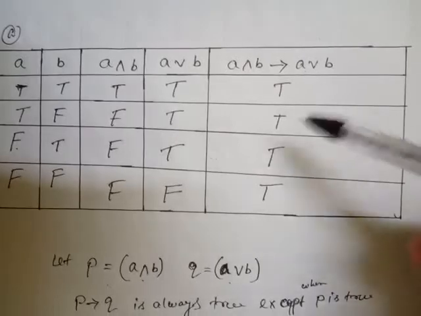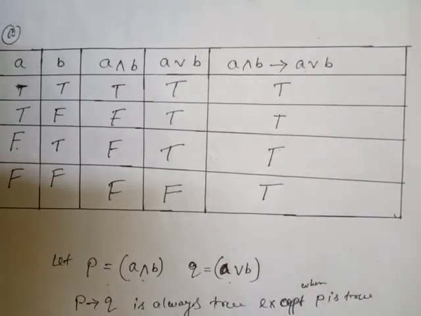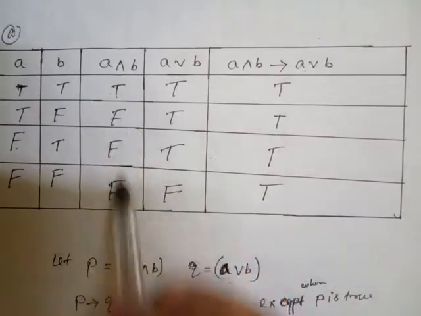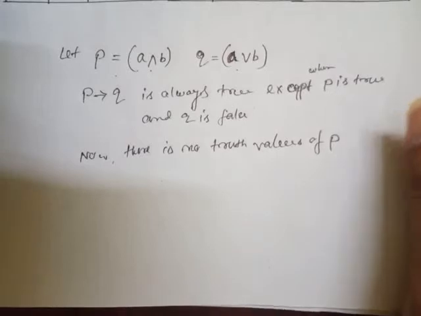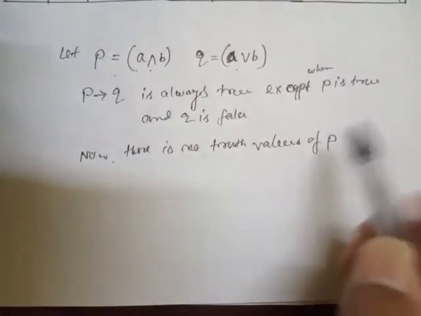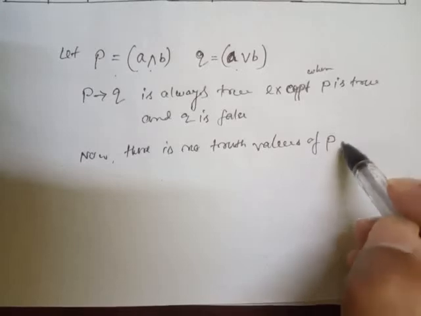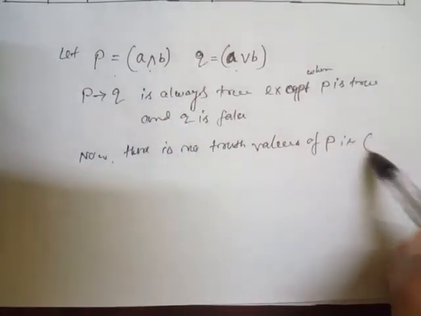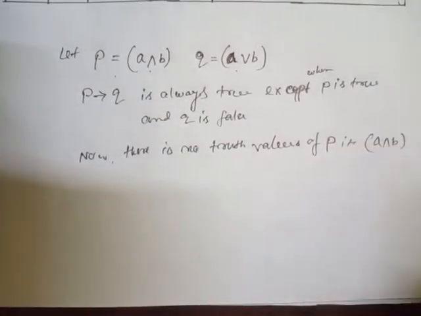In this case all are true. If it were false, at least one false should be here, but there is all true depending on these two only.